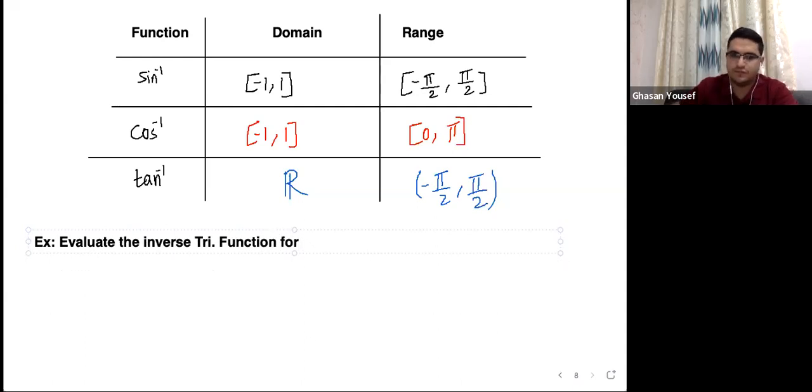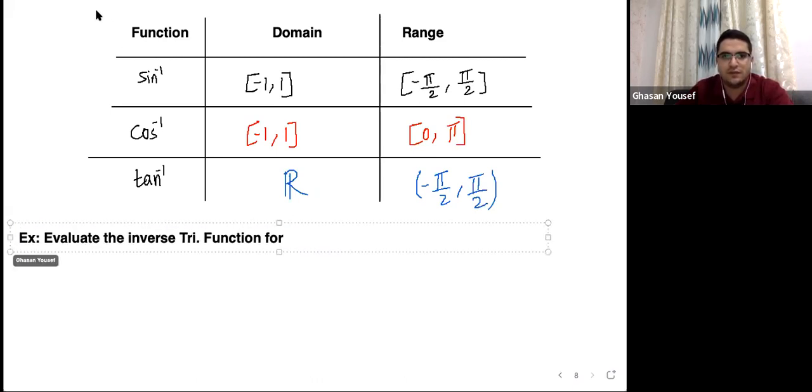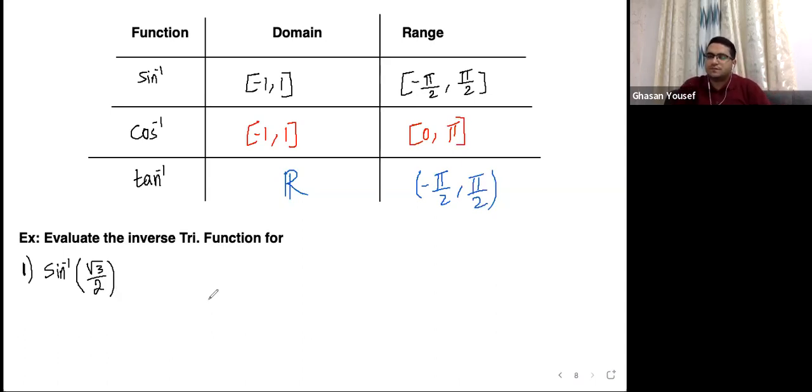Number 1 is sine inverse of square root of 3/2. The question is: evaluate the inverse trigonometric function for the sine inverse of square root of 3/2.